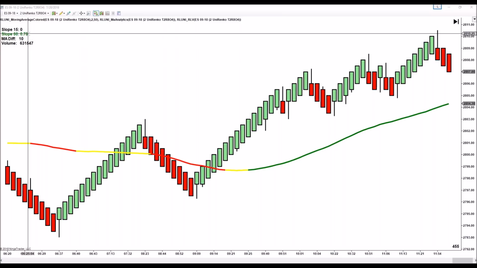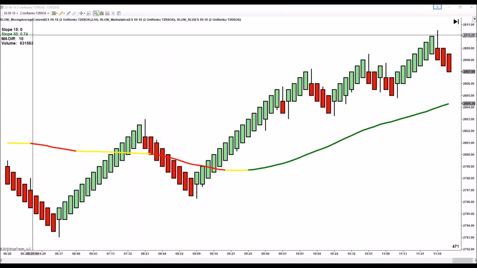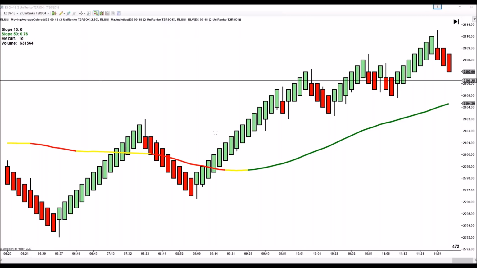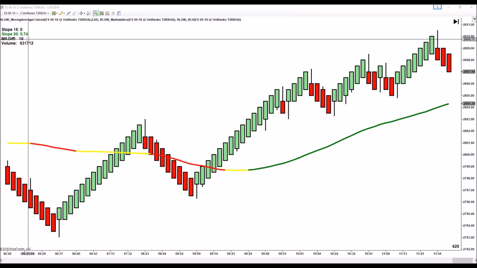And in a sense, if you look in the upper left-hand corner, when the slope is like 0.01, 0.02, you can tell that there's a color change coming. But it really just doesn't figure into our training. And you don't want to make it any more difficult than it is, or assimilate any more data than you have to. Now, the MA diff is not working.